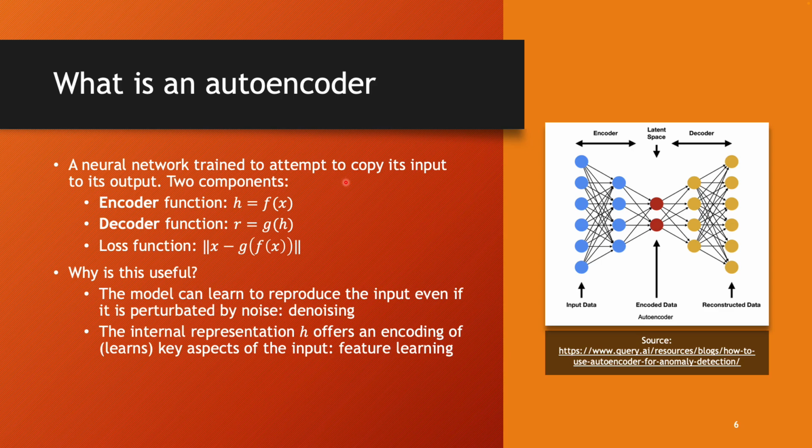And so I want to start with these definitions, where we have to understand that an autoencoder is really a neural network trained to attempt to copy its input to its output. And it consists of two components.